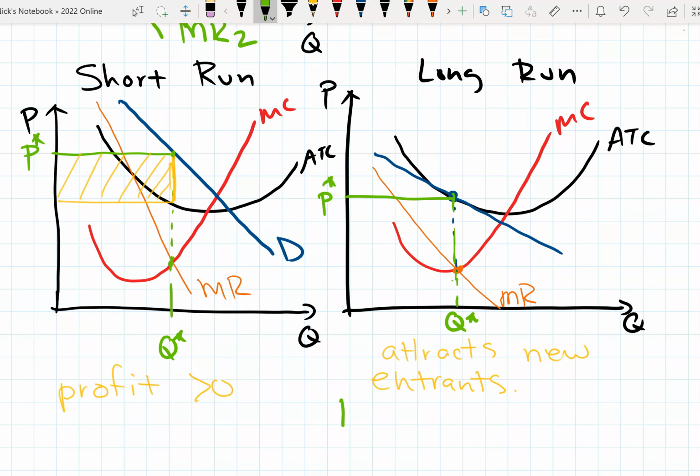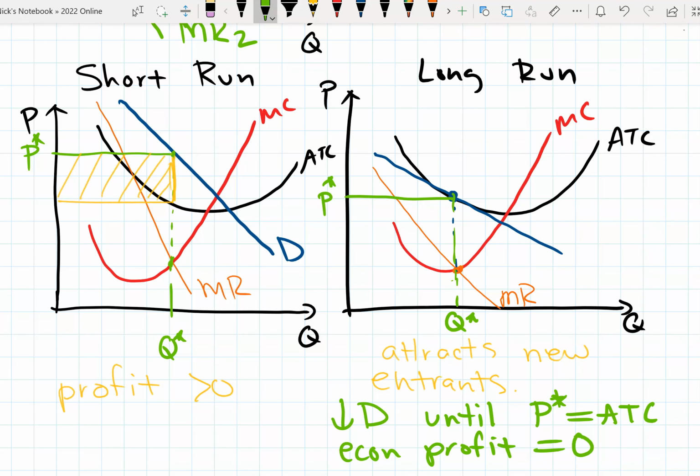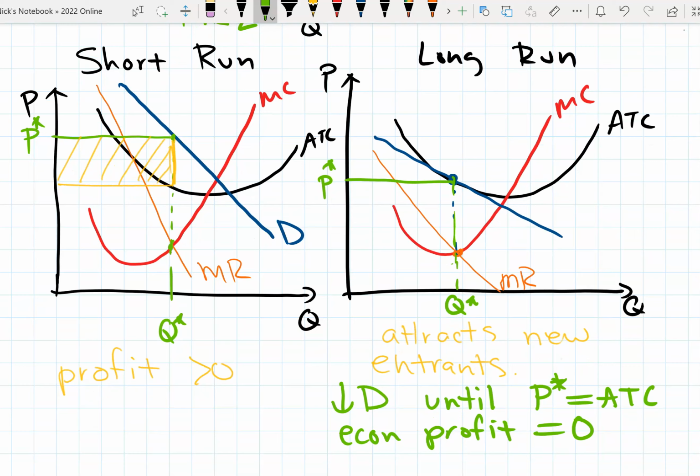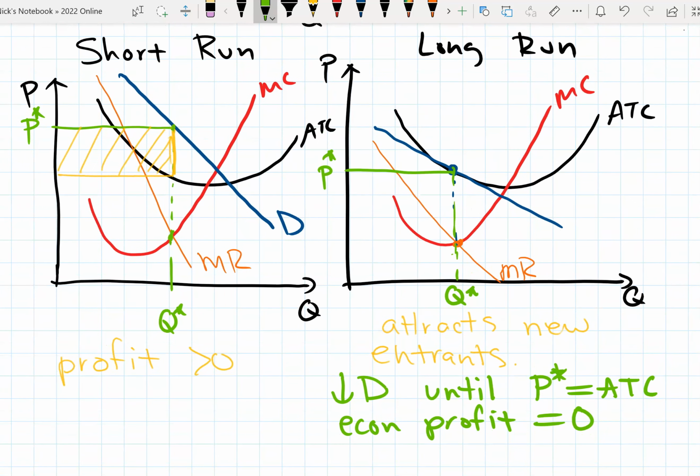Okay, so we get this decrease in demand and more elastic demand until P star, sorry about my messy writing, P star equals average total cost. And now our economic profit is zero. So this is what happens.